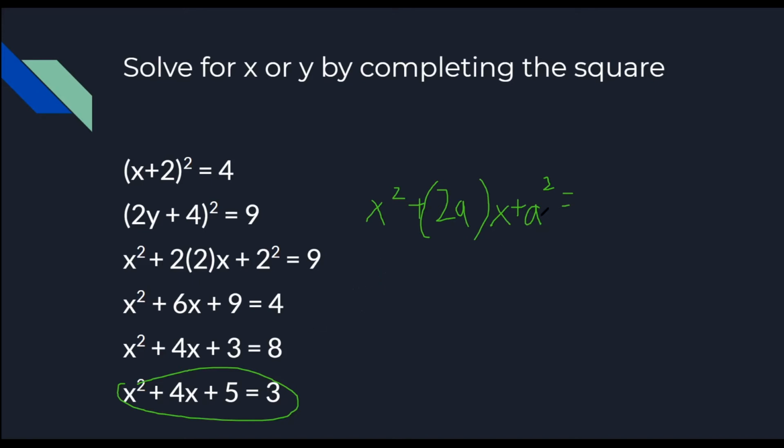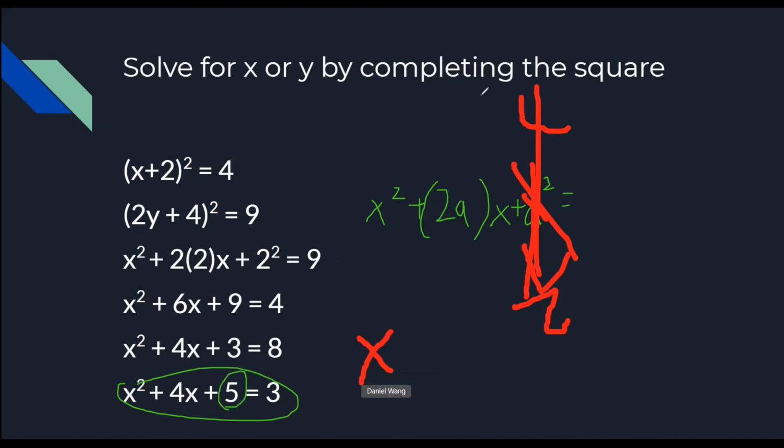So what is a squared equal to? It becomes 2 squared, and it just becomes a 4. So a squared is 4. So we want this 5 to become a 4, right?